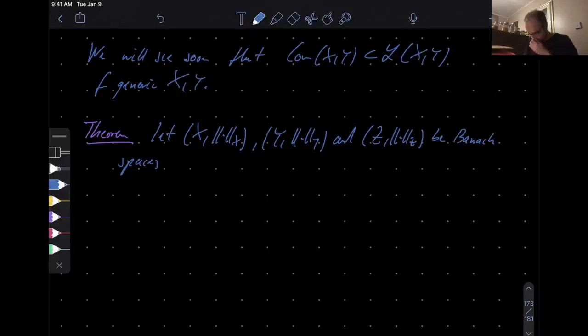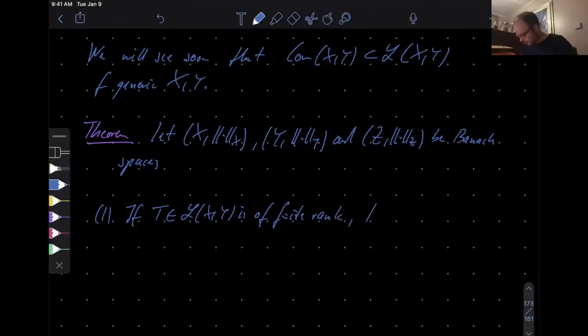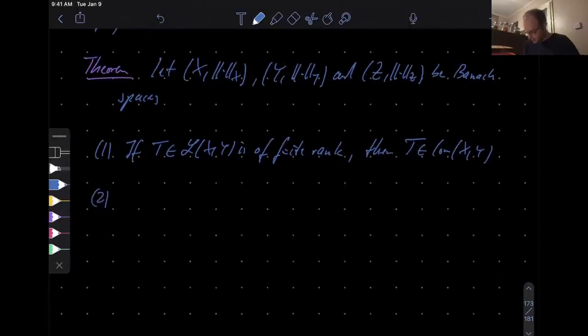Then here are the following properties. The first one I already argued or said earlier why this is true. If you have something of finite rank, then it is compact. More interestingly, COM(X,Y) is a norm-closed subspace of L(X,Y).